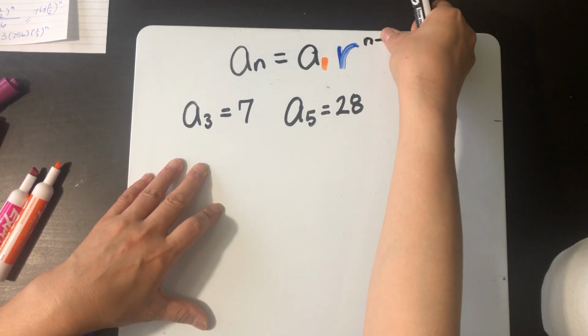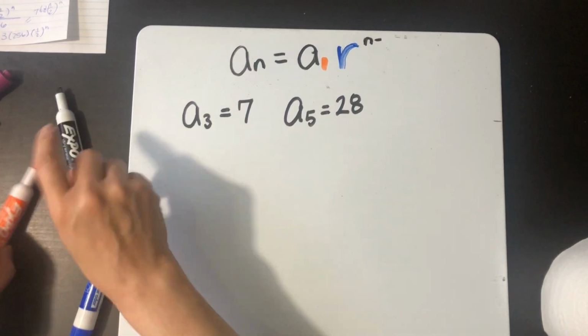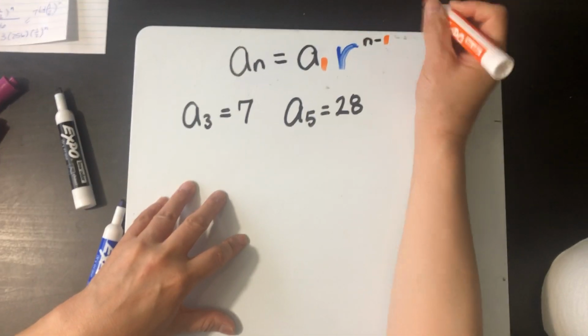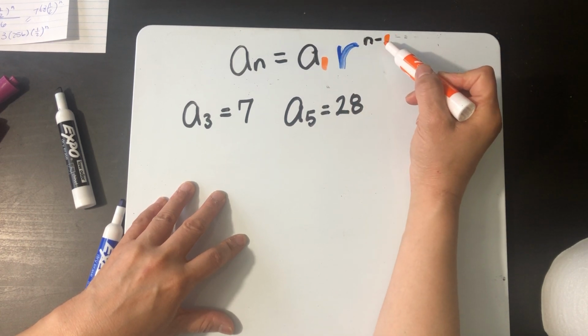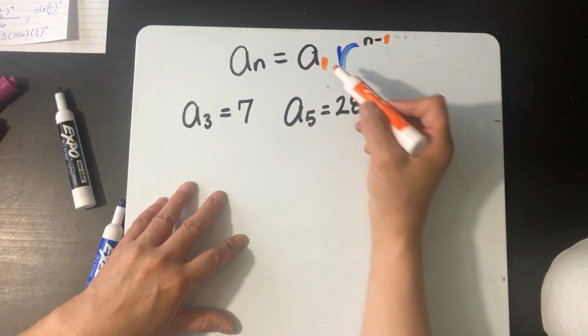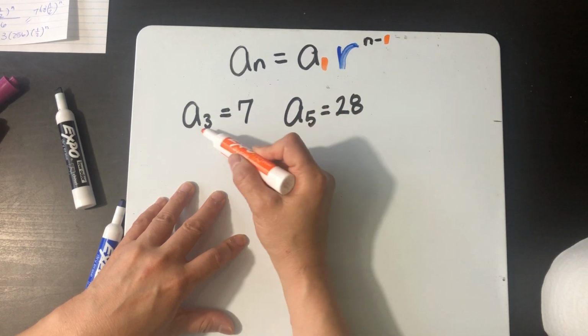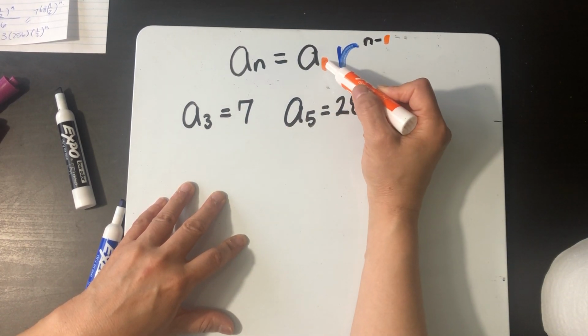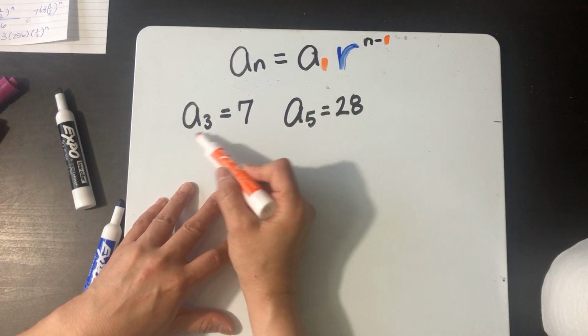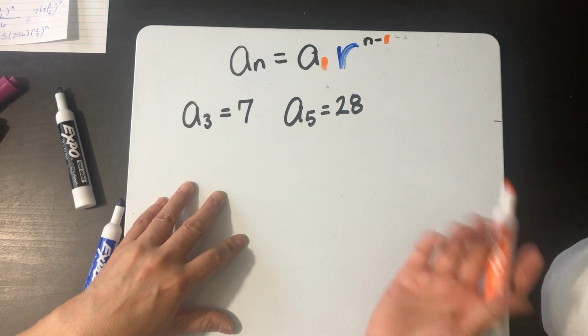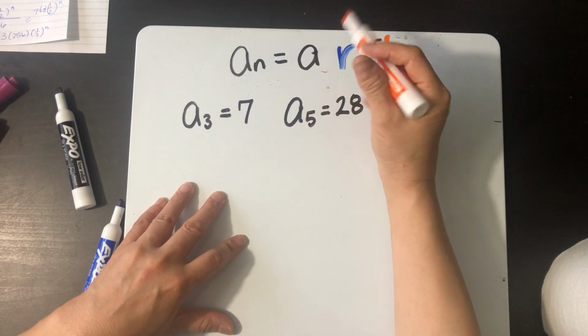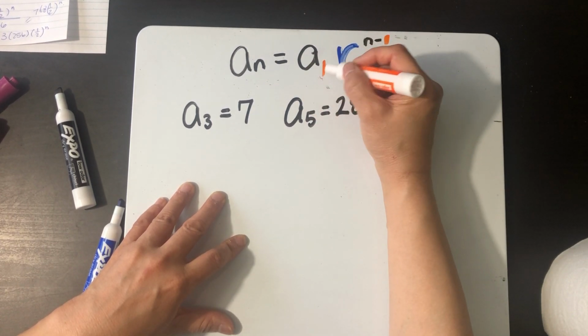So what I want to tell you is, instead of 1, well, this was 1. So let me write 1 here. Because we started with 1, we minus 1, okay? But if we start with some term that is not the first term, let's say we start with term number 3, the third term, in this case we're gonna call that just k, okay? k just means whatever it starts with.